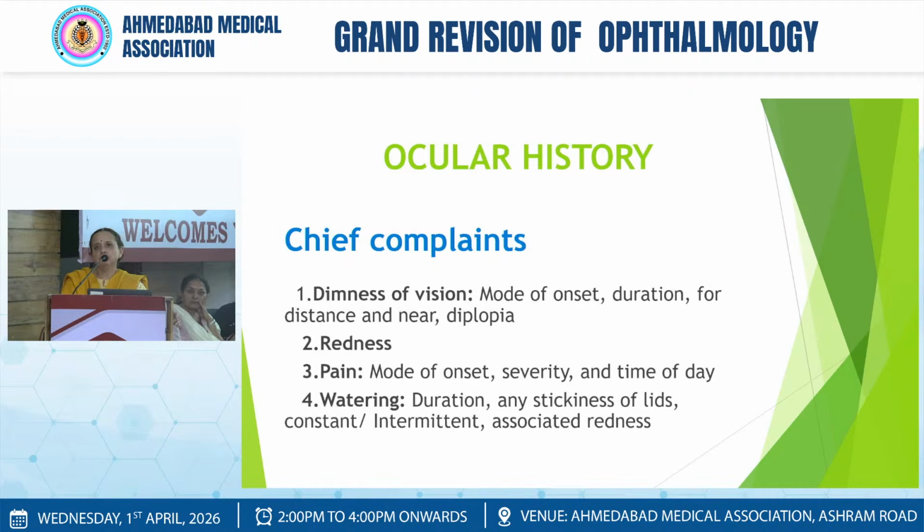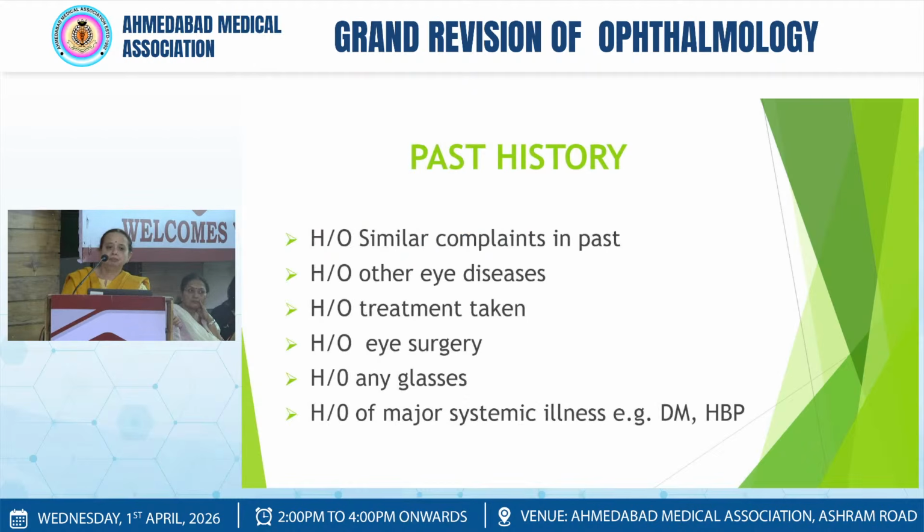And watering from the eye, whether it is clear fluid which is coming out from the eye, whether it is associated with mucoid discharge, mucopurulent discharge. Does the patient complain of stickiness of the eyelids in the morning when the patient wakes up? Whether the watering is constant or intermittent, and whether it is associated with redness or not. So these are the main 4 cardinal symptoms with which a patient can present in the OPD.